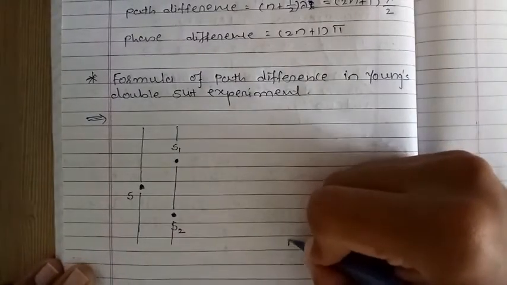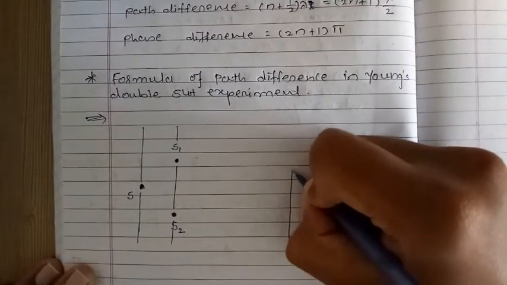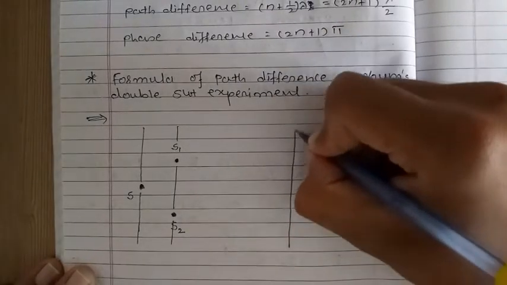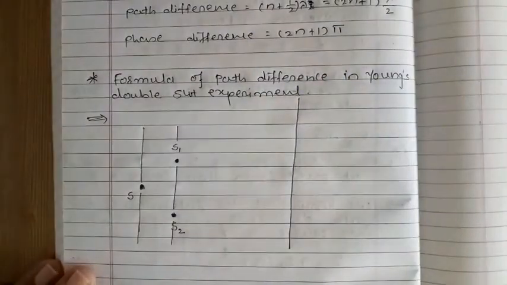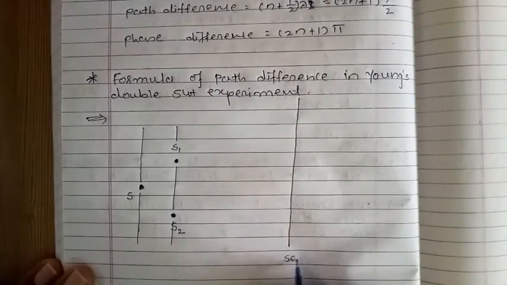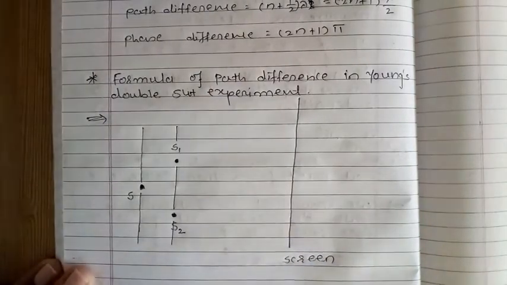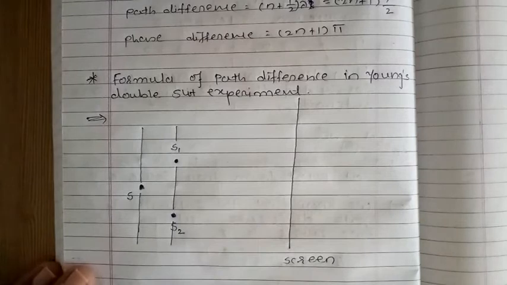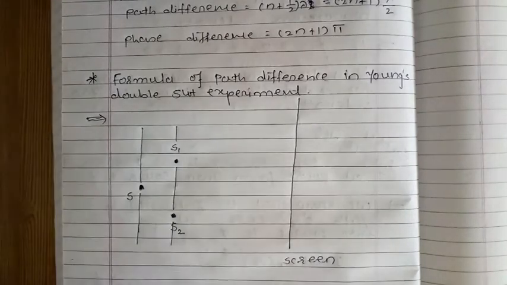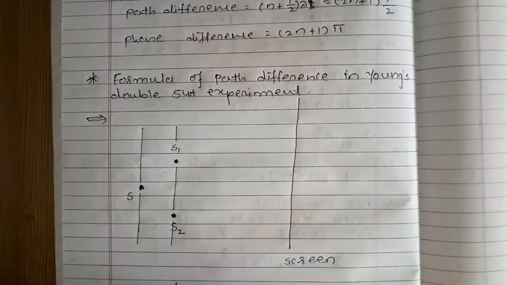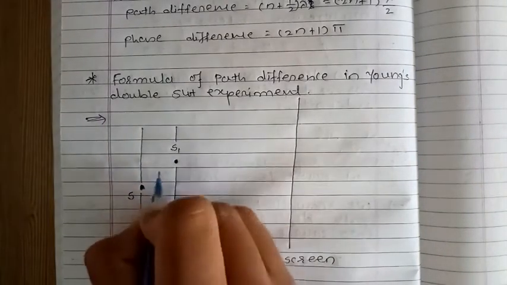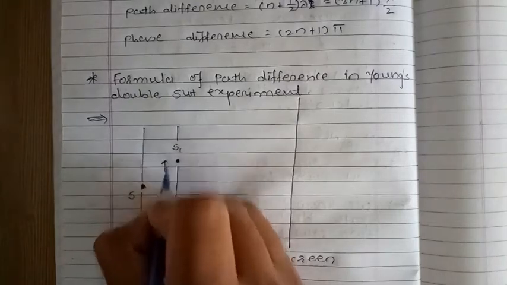Now here this is the screen, right? Screen, right? Now here we assume that the distance between slit S1 and S2 is small d.